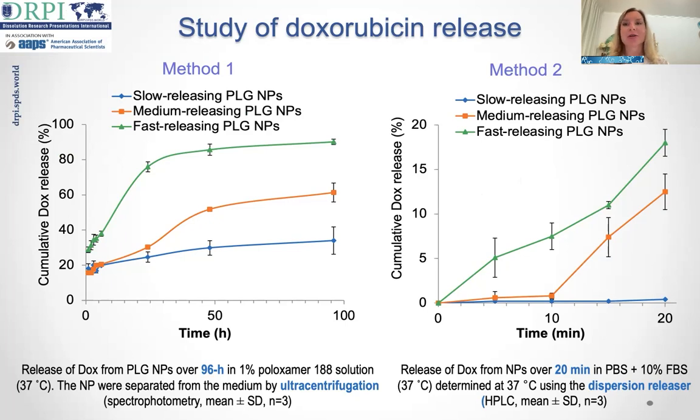The amount of the released doxorubicin was quantified using HPLC. Both techniques indicated a considerable burst release for fast-releasing formulation, the green line on the first and the second graph, while a prolonged release phase and lowered burst effect was observed for the medium release and slow-releasing nanoparticle systems.